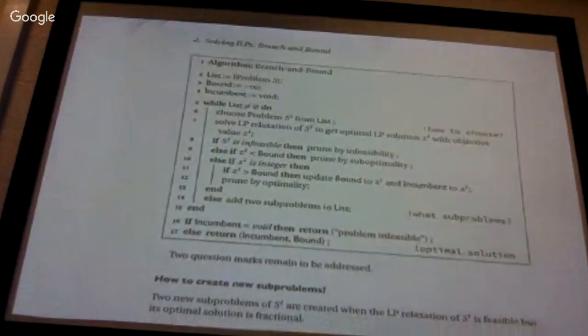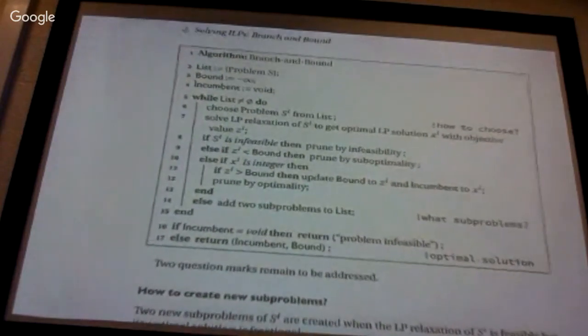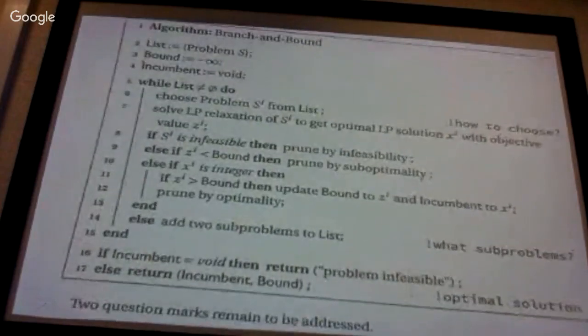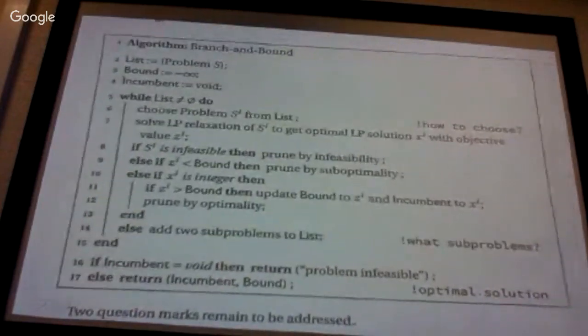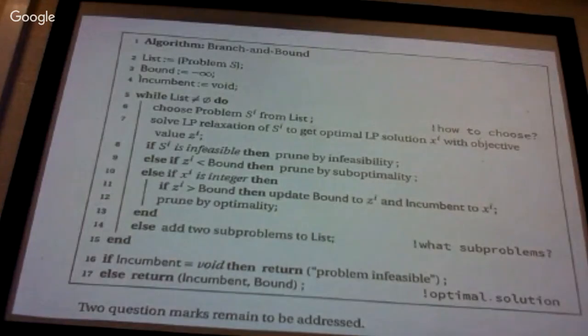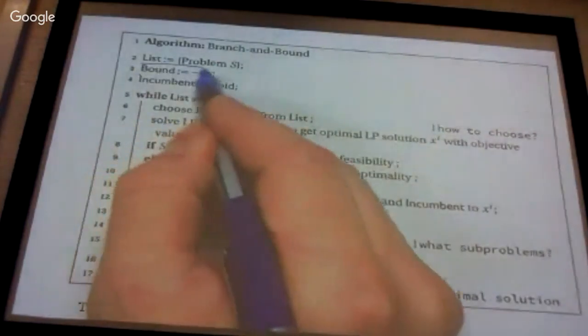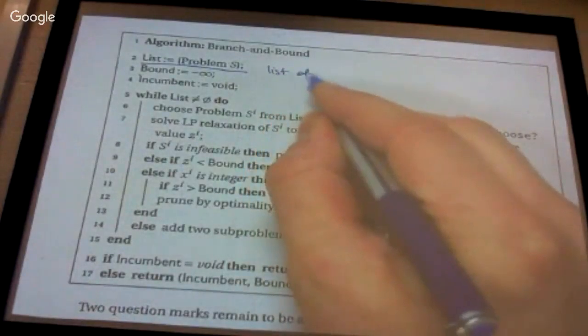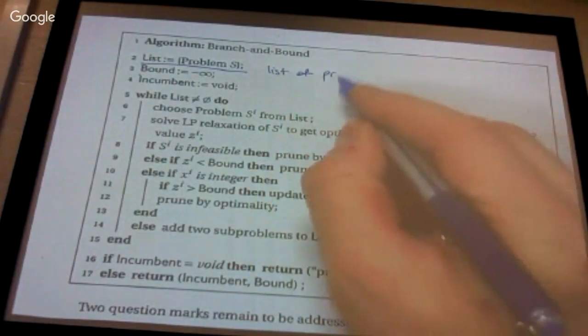Now, written out, it's this. So what you're doing is you always keep some sort of a list, the list of problems that you haven't solved yet.